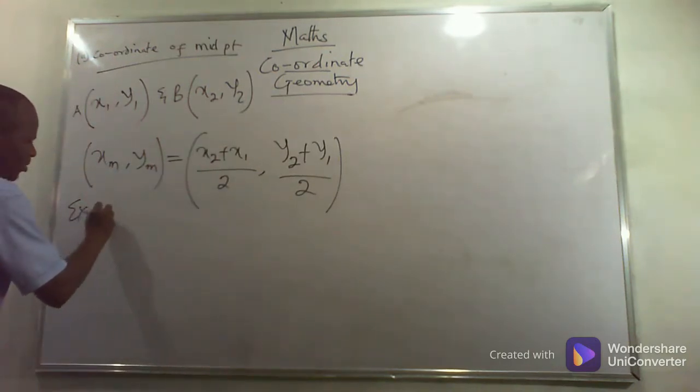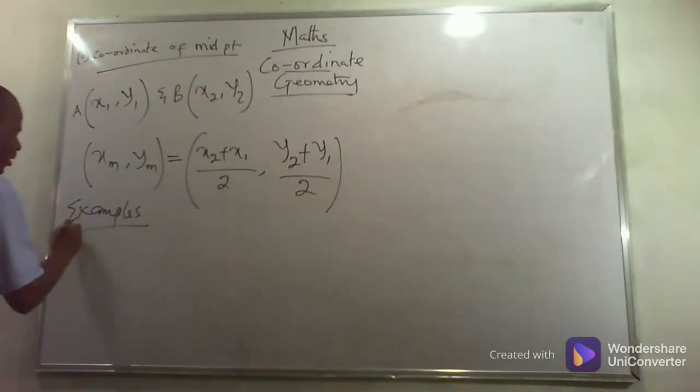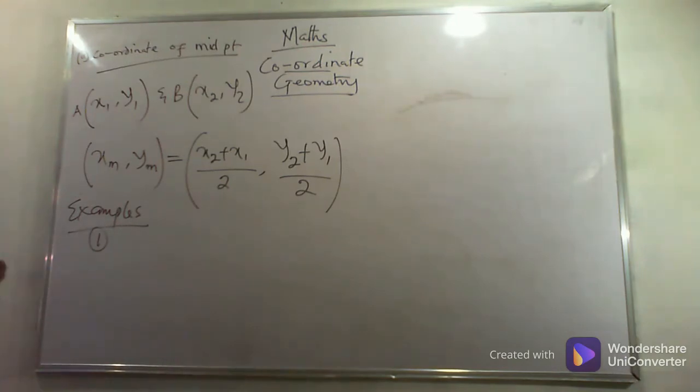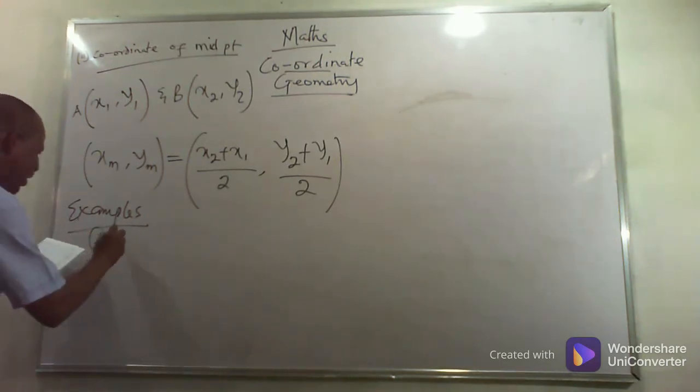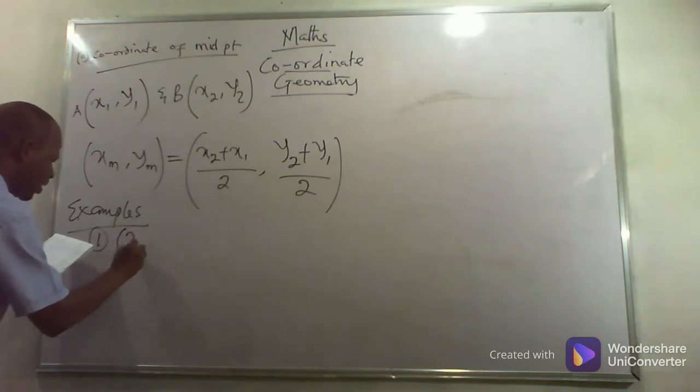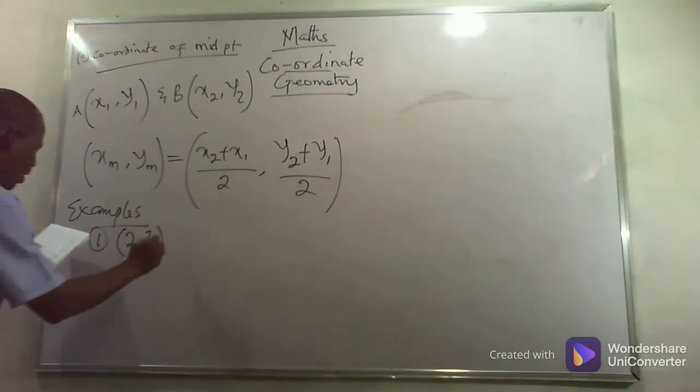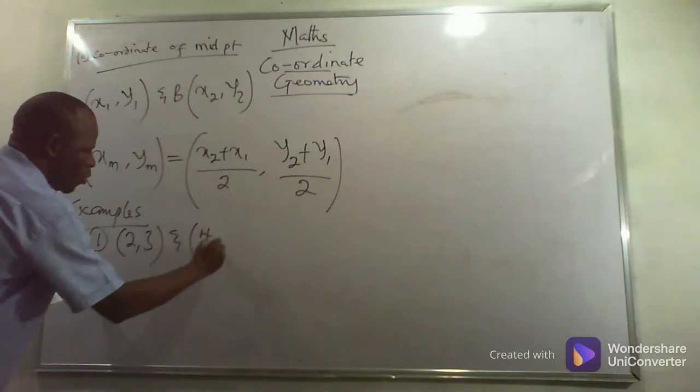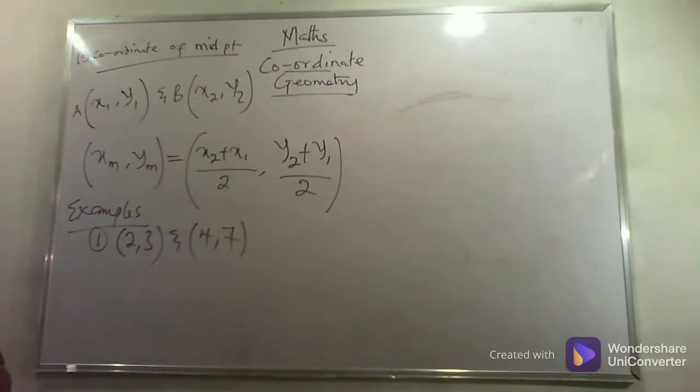Example. Let's use it to solve examples. Example number 1. The question says, find the coordinate of midpoint between points 2, 3 and 4, 7. We're given these two points and we are asked to find the coordinates of the midpoint.